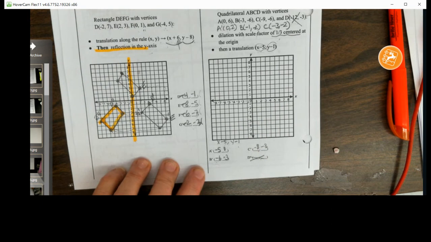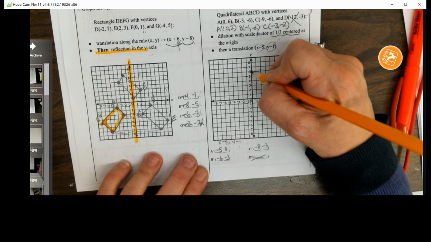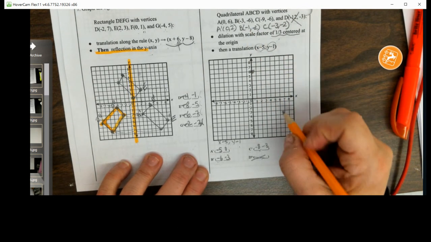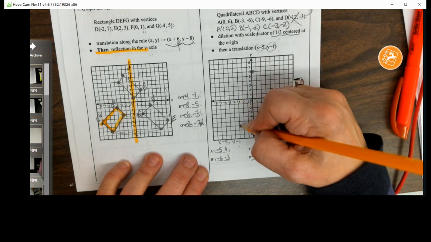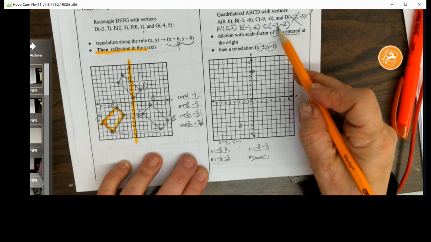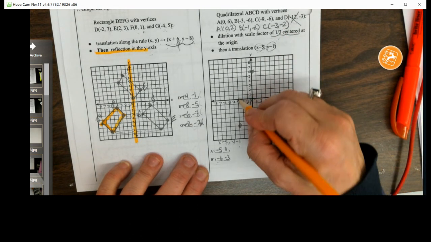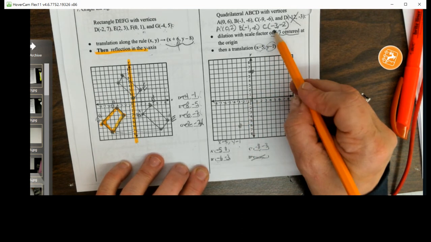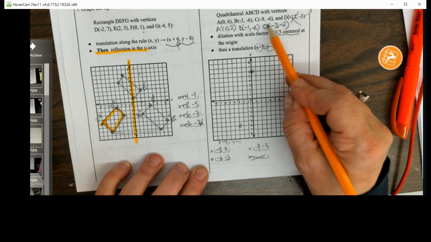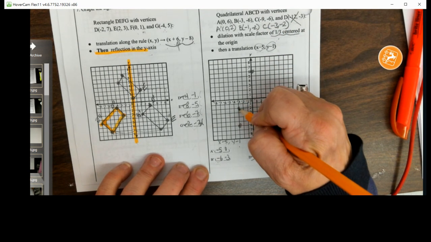So let's write all these points down. We're going to write our original 0, 6, negative 3, negative 6, and negative 3, negative 2. Let me see if, yeah, negative 3, negative 2.